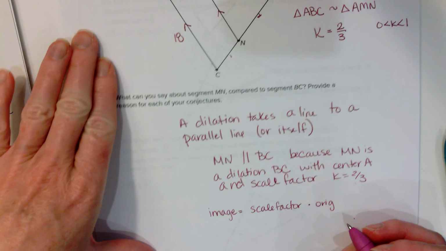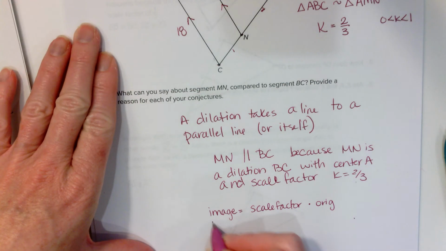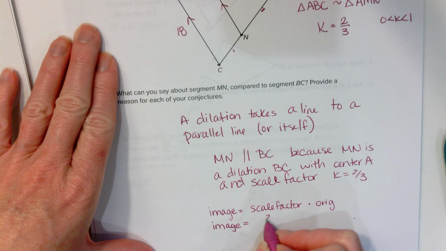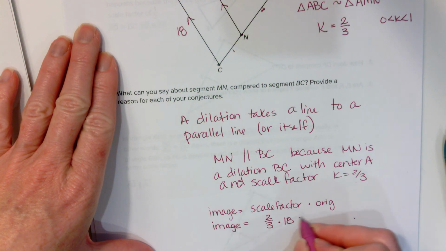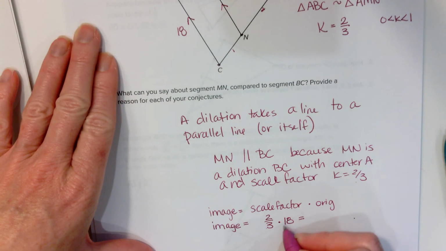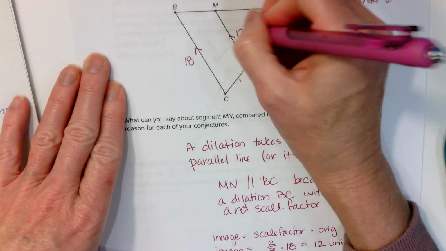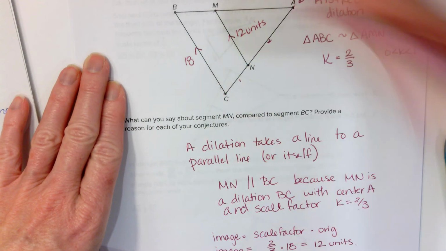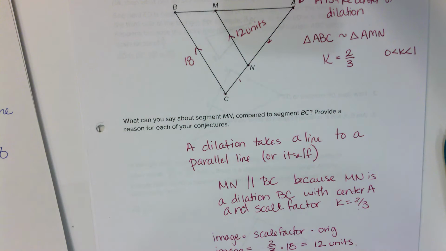The image is what I want, that's MN. If I put in my scale factor 2/3 times my original BC, which is 18, this cancels to 6, and I would end up with 12 units. So I know that in this picture, MN would be 12 units. It's 2/3 of the original.